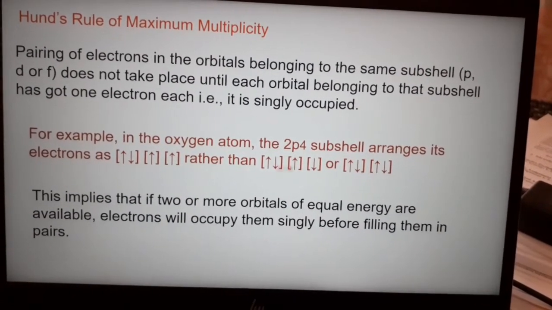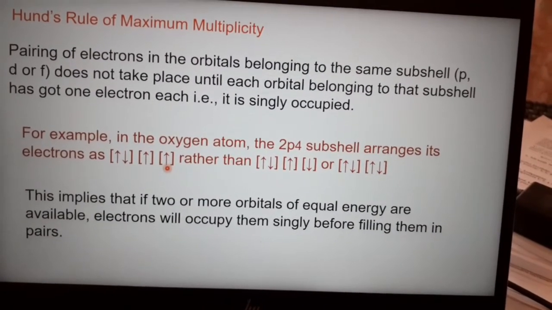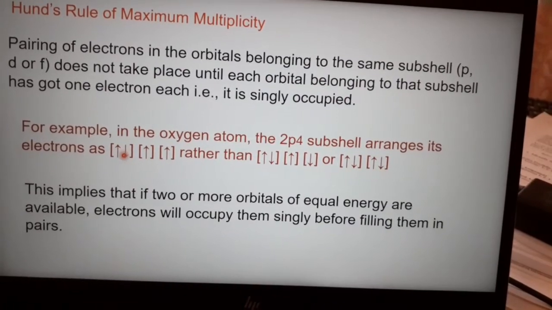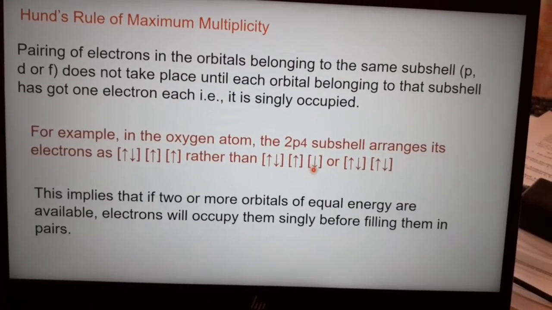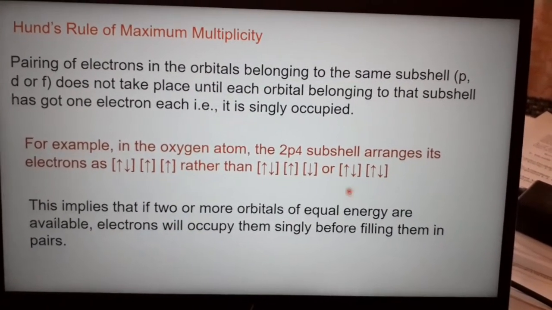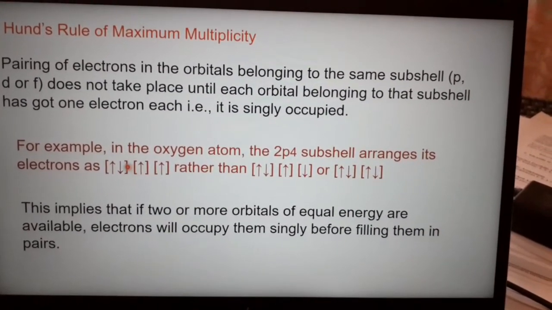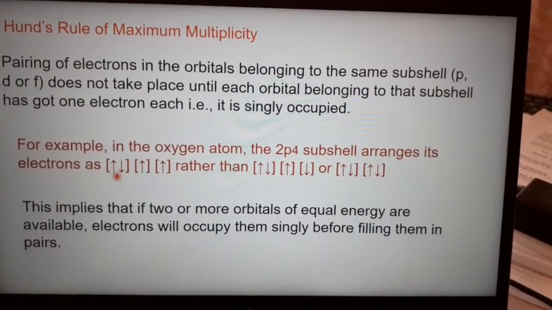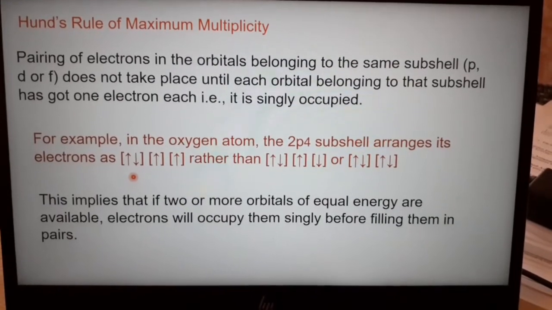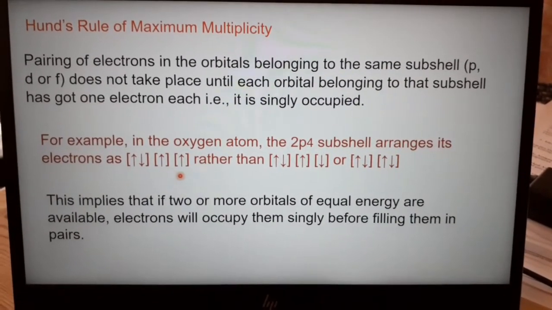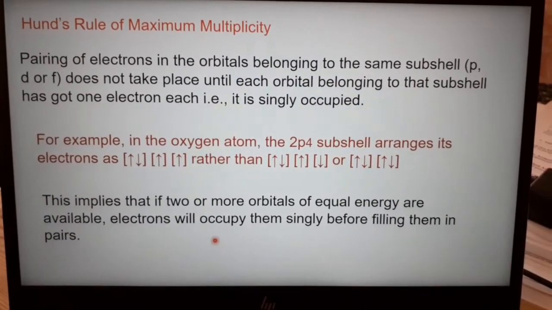Arranged, the electrons are first upward, second upward, third upward, then the next filling goes in the downward direction, not upward, downward, upward and then downward. So each orbital will be filled singly first and then the pairing happens in the other direction. This implies that if two or more orbitals of equal energy are available, electrons will occupy them singly before filling them in pairs.